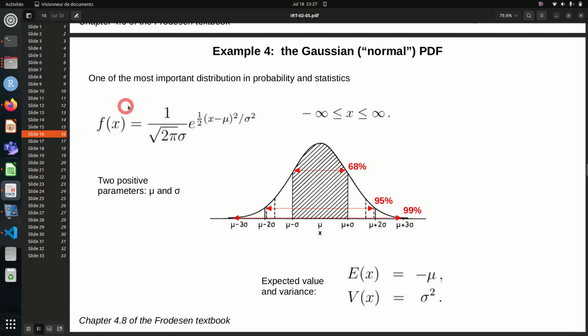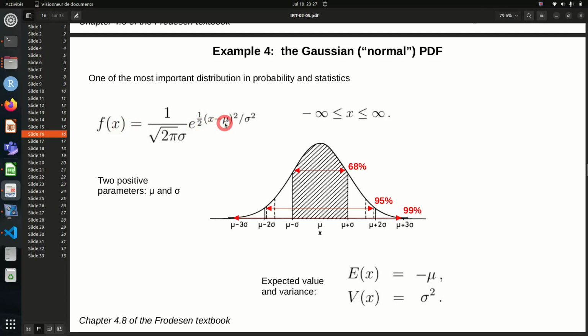The mathematical model is this one. So this is the function. You can see it is in two parts. You have here a coefficient and then an exponential. The random variable here is x, and we have two parameters.